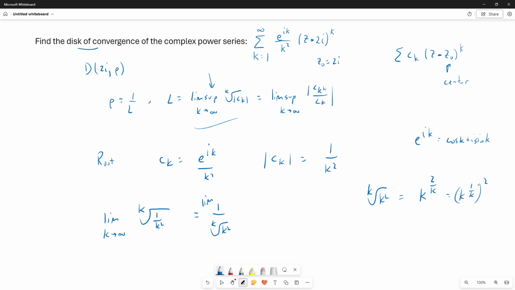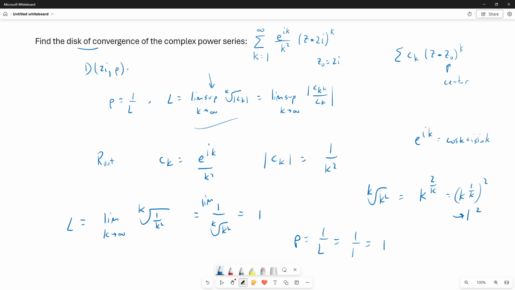And the nth root of n goes to 1 as n goes to infinity. So 1 squared. So this is 1, and that's L. And so rho is 1 over L, which is 1 over 1, which is also 1. So that's our radius, 1.